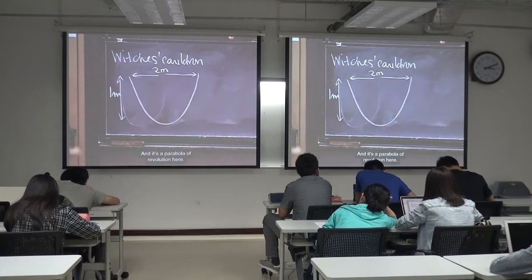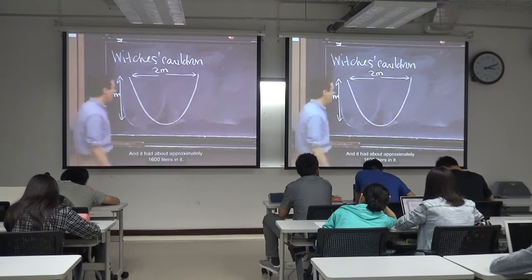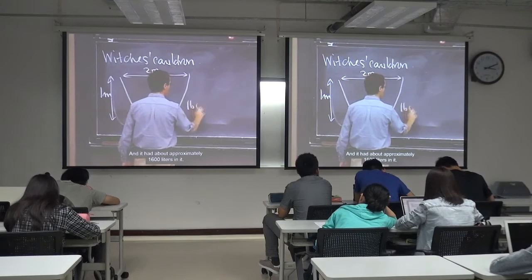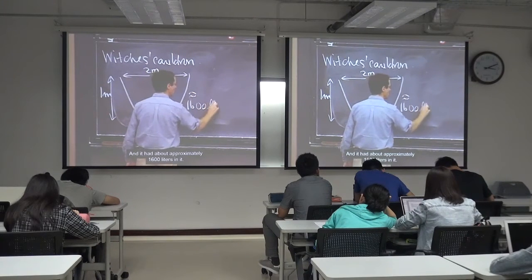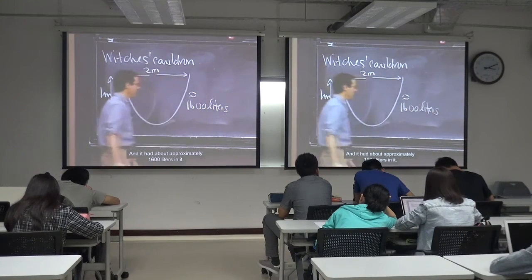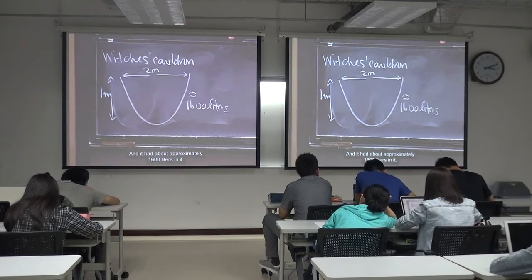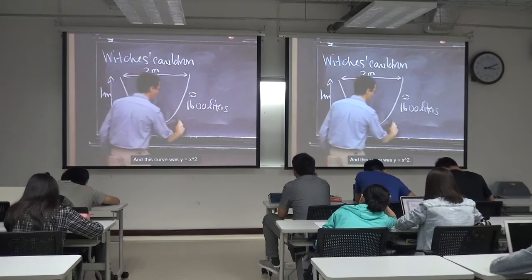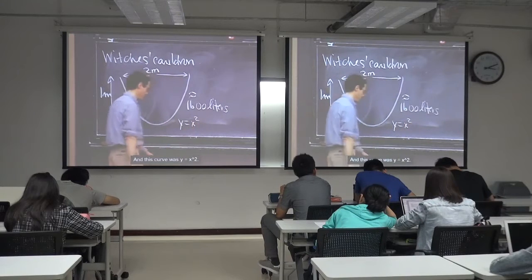It's a parabola of revolution, and it had approximately 1,600 liters in it. This curve was y equals x squared.